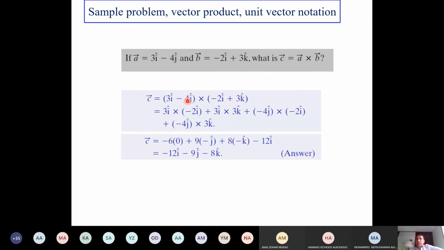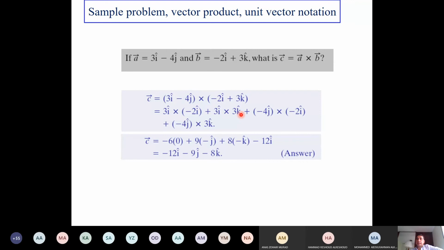Again, you proceed with the j, with the first component of vector B and then with the second component of vector B. From here, we know that i cross i is going to give us 0, for the obvious reason that the angle between i and i is 0.